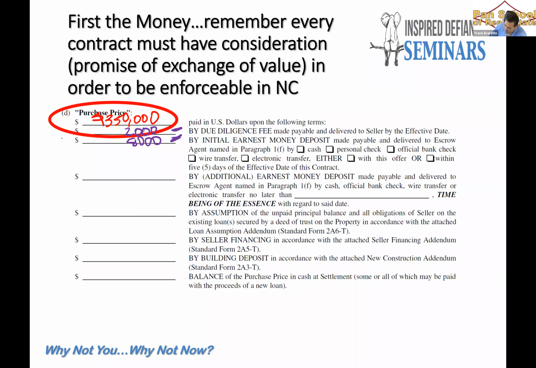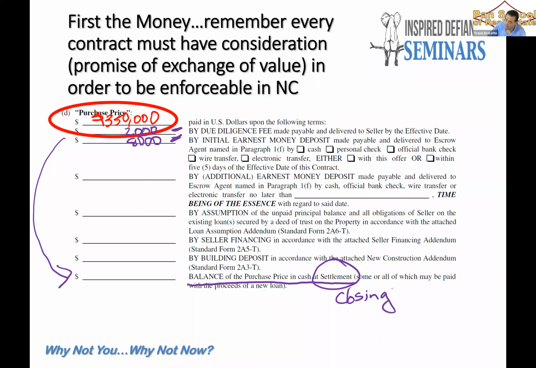That's why you have this line down here at the bottom that says balance of the purchase price in cash at settlement, which is the same thing as closing. This is how much they owe when we get to closing. Well, it's simple math, folks.